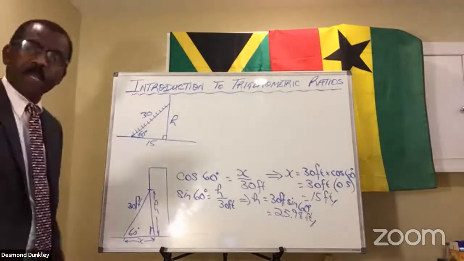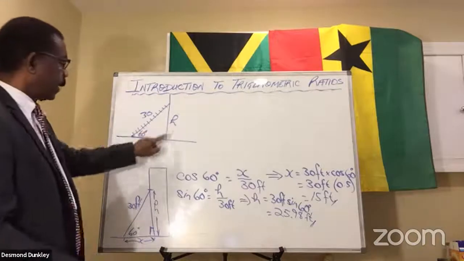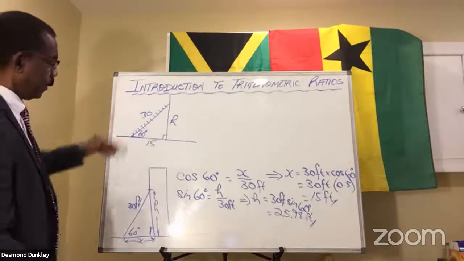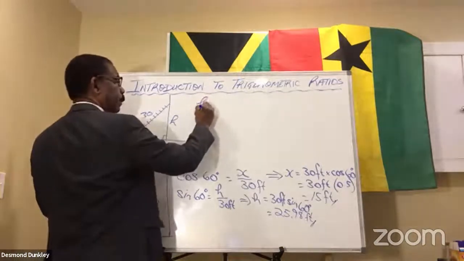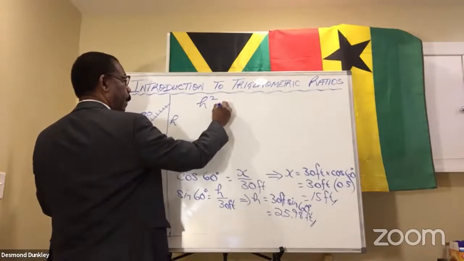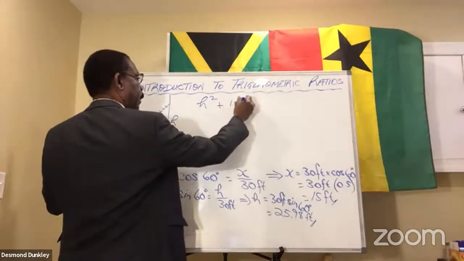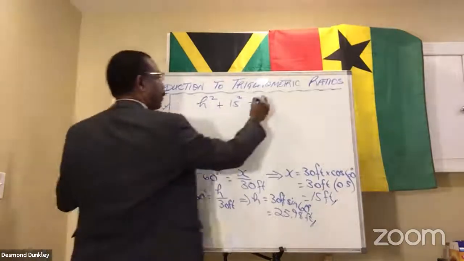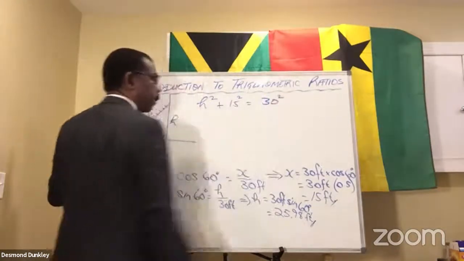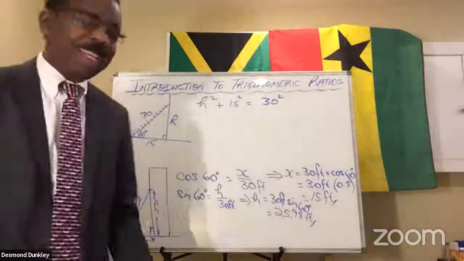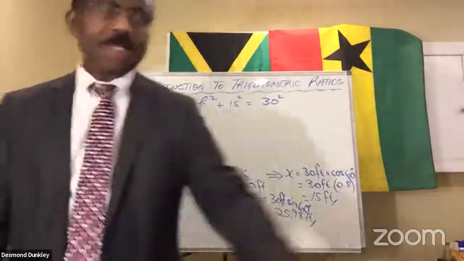Okay, the Pythagorean theorem says, well, these are the legs, and this is the hypotenuse. So h squared plus 15 squared is equal to 30 squared. By the way, we're just checking to see if it works.